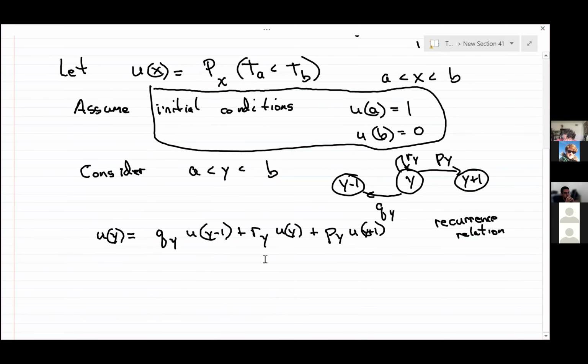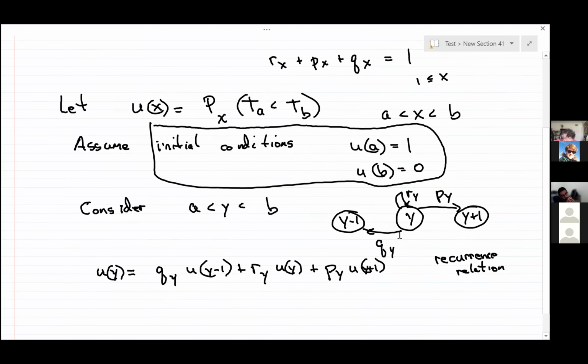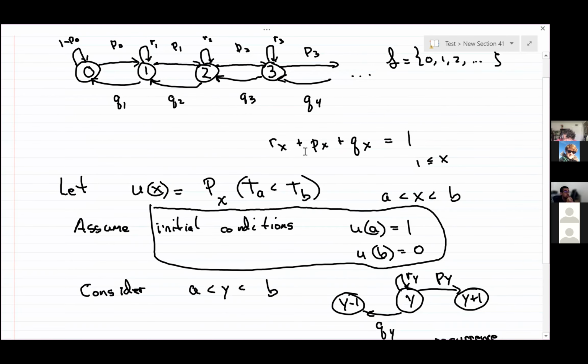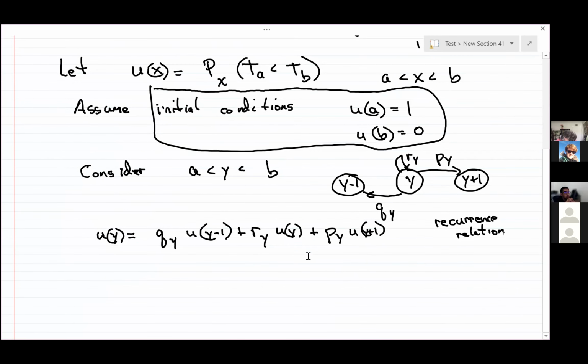Okay, so the next thing the authors do is they say, well, we know this relationship holds for all states other than 0. And so why don't we use that to get rid of one of the unknowns? So what they do, they use the relationship that r sub y is just 1 minus p sub y minus q sub y.